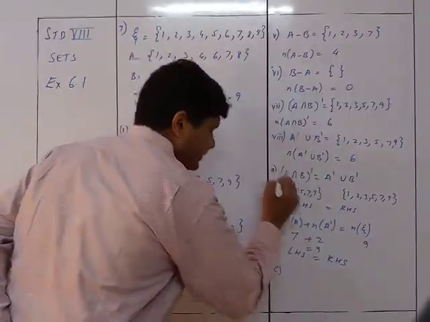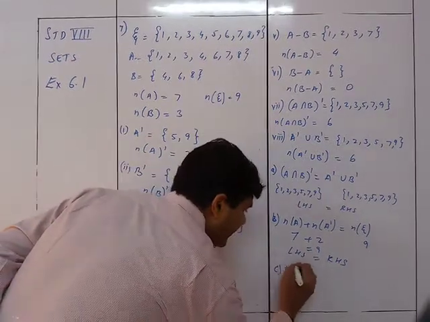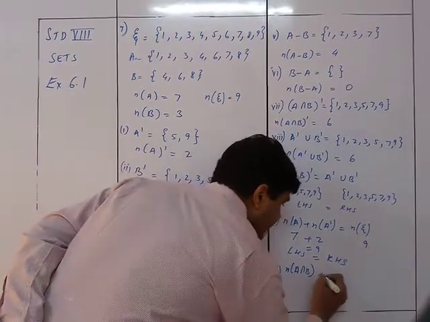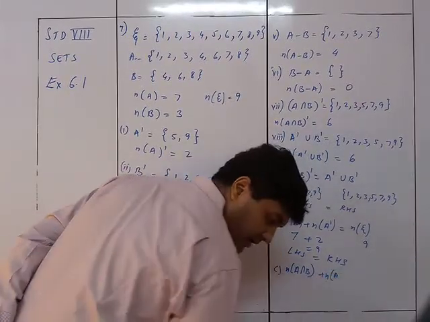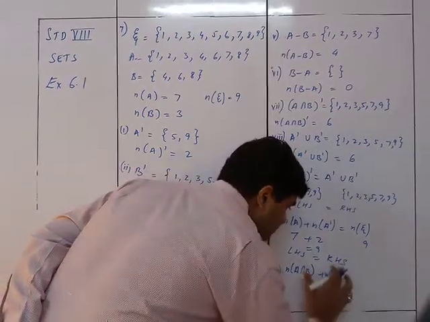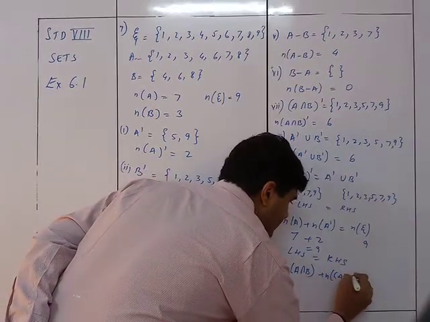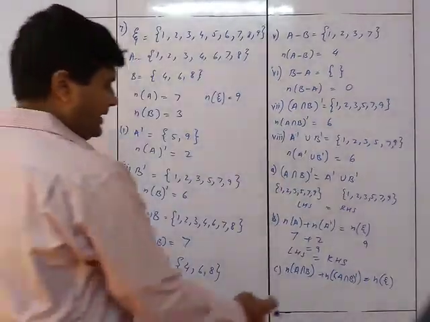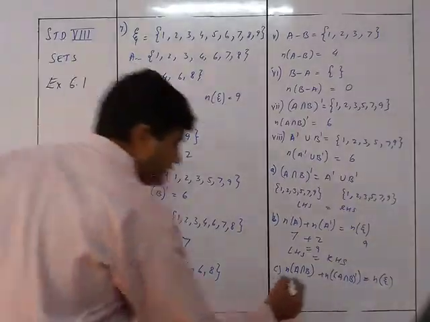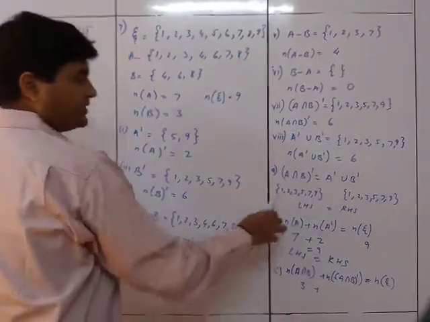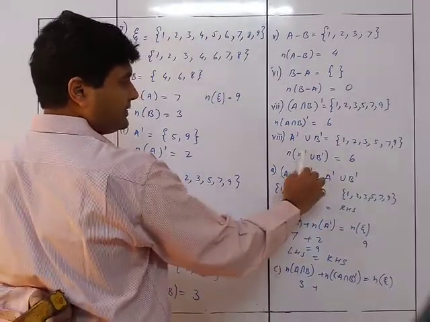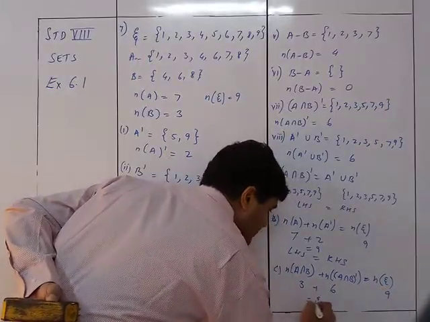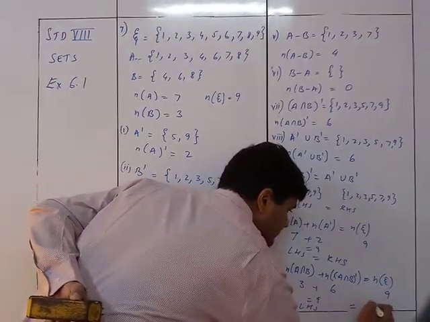This was B and this was A. C part is n(A intersection B) plus n(A intersection B dash) is equal to n(universal set). n(A intersection B) is 3, and n(A intersection B dash) is 6. And this is 9. So LHS is equal to RHS.